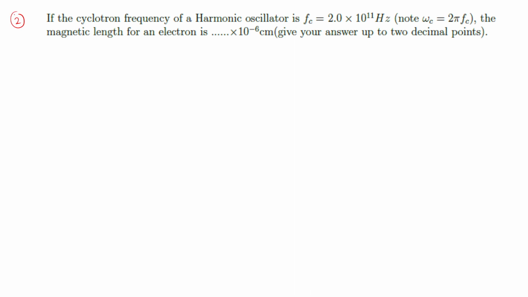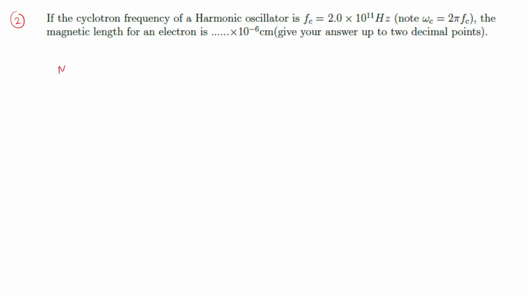The cyclotron frequency of a harmonic oscillator is given, and if the cyclotron frequency is given, then we know the angular frequency as well by this formula, and the magnetic length of an electron is what we need to find.